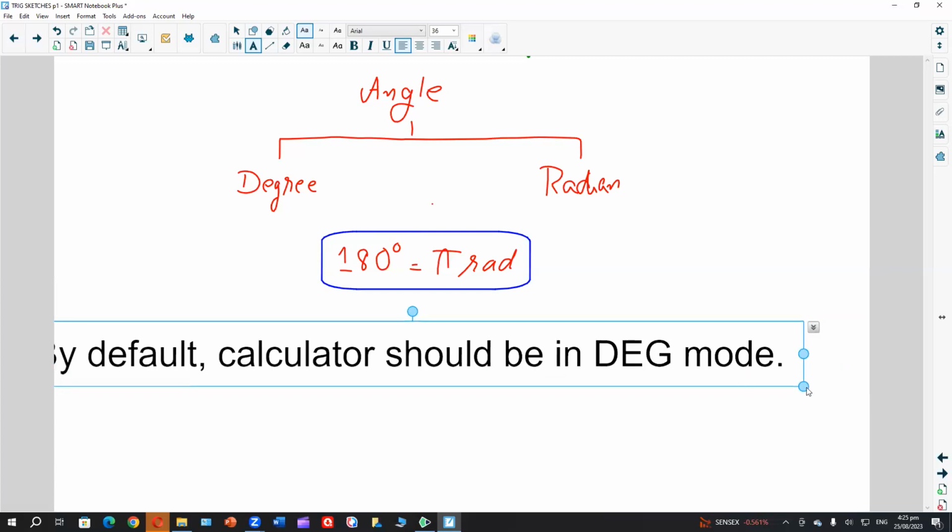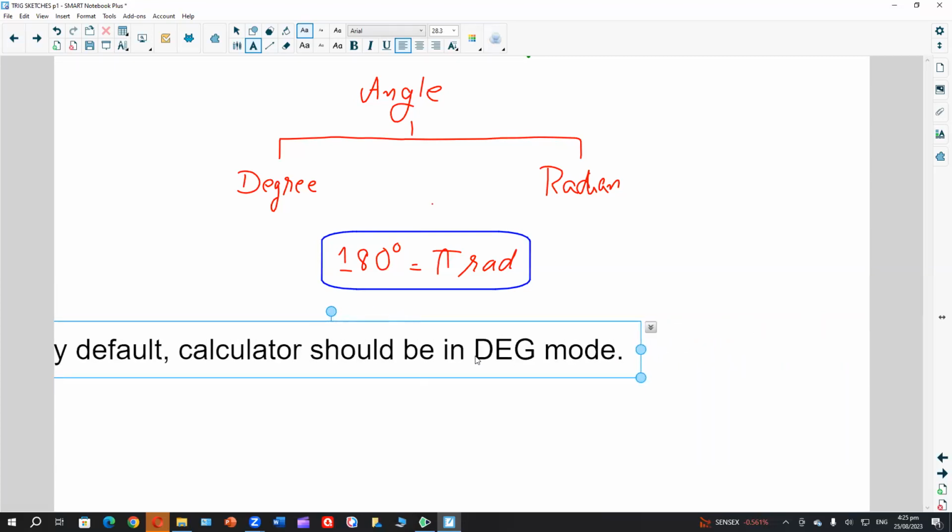Done. So by default, a calculator should be in degree mode.